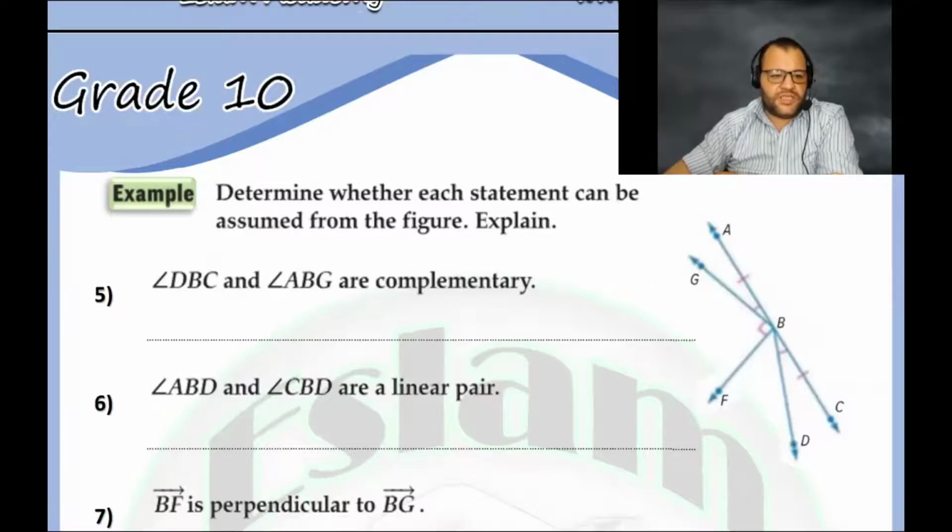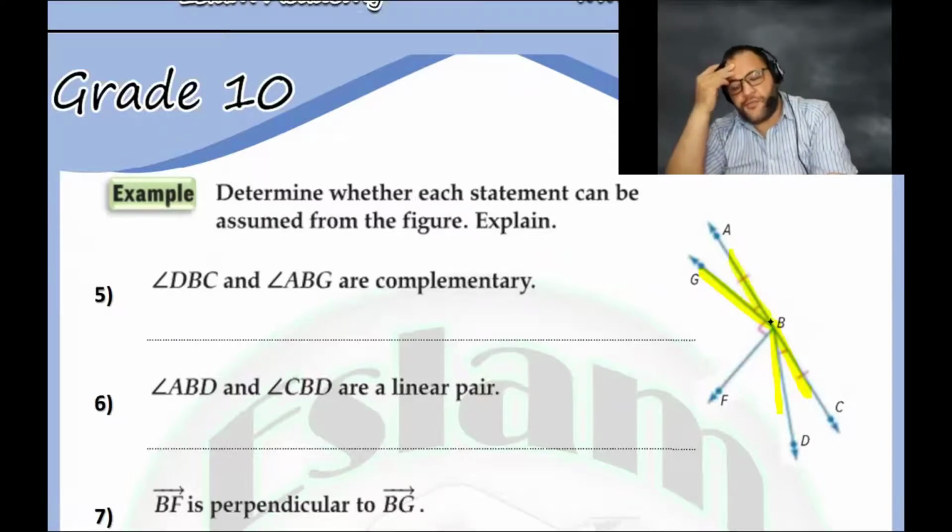Can we say that angle DBC and angle ABG, from the given, from the graph, are complementary? No, because their sum is not 90.